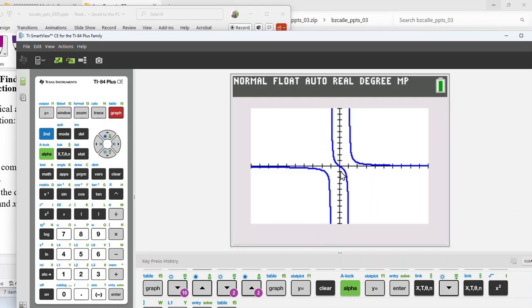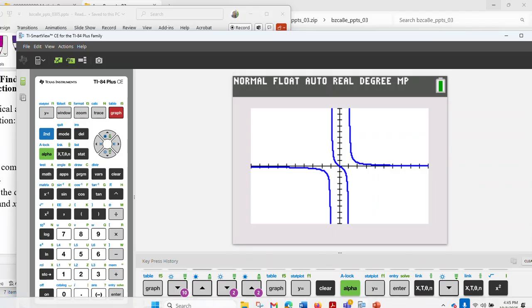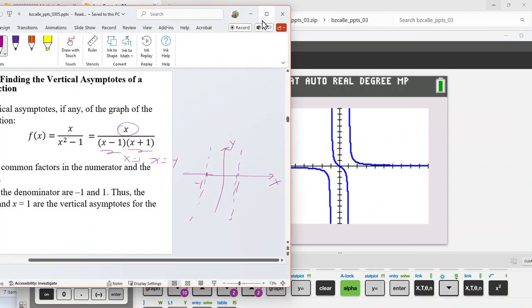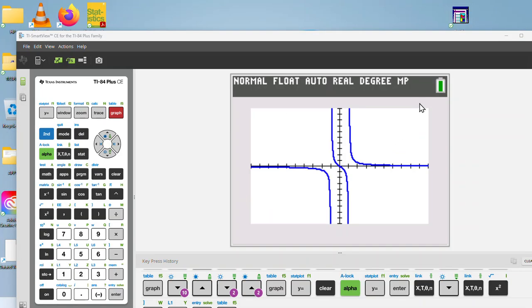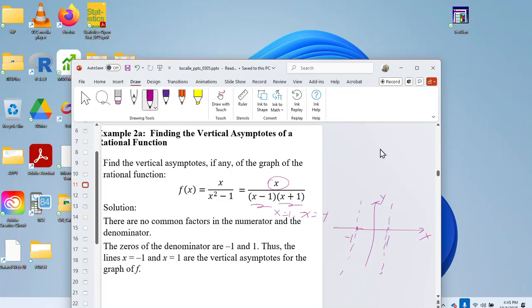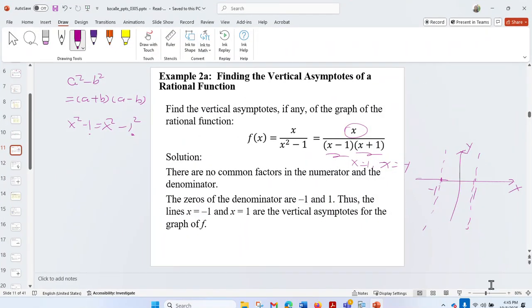And this one also has a horizontal asymptote, which is y equal to 0. When we do the graphing by hand, the vertical and horizontal asymptotes, we usually use a dotted line because it's not part of the graph. So we're using the dotted line instead. All right, so you can kind of sketch that way.